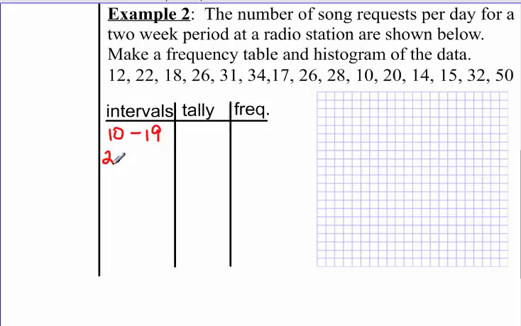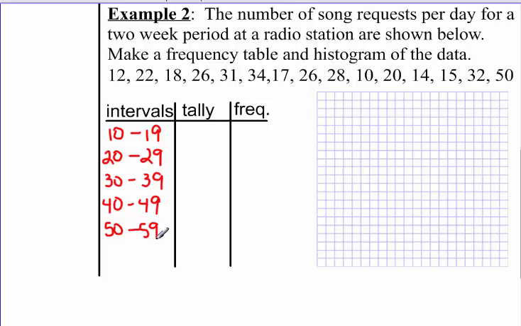Then we can go 20 to 29, 30 to 39. Now, even though we don't have any numbers in the 40s, you need to include that interval. You cannot have any gaps, no gaps. It's important to be able to see that there are no values in the 40s when you look at your histogram, so you need to include that in the table. Then values in the 50s.